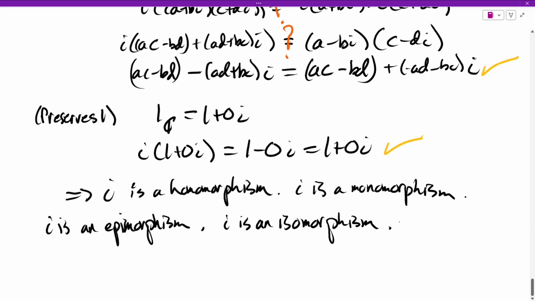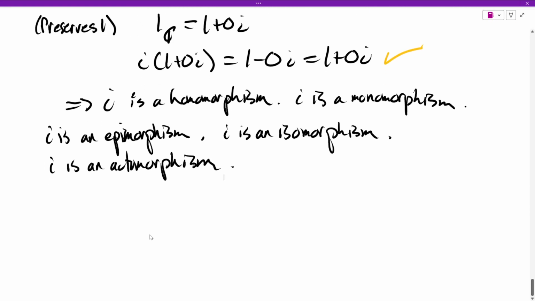And since it's an isomorphism from C to itself, it is an automorphism, because the domain and the codomain are the same thing. Great, fantastic. Again, if you were to say which of these it is, you would go for the strongest one: it's an automorphism, because automorphism implies all of those other ones.